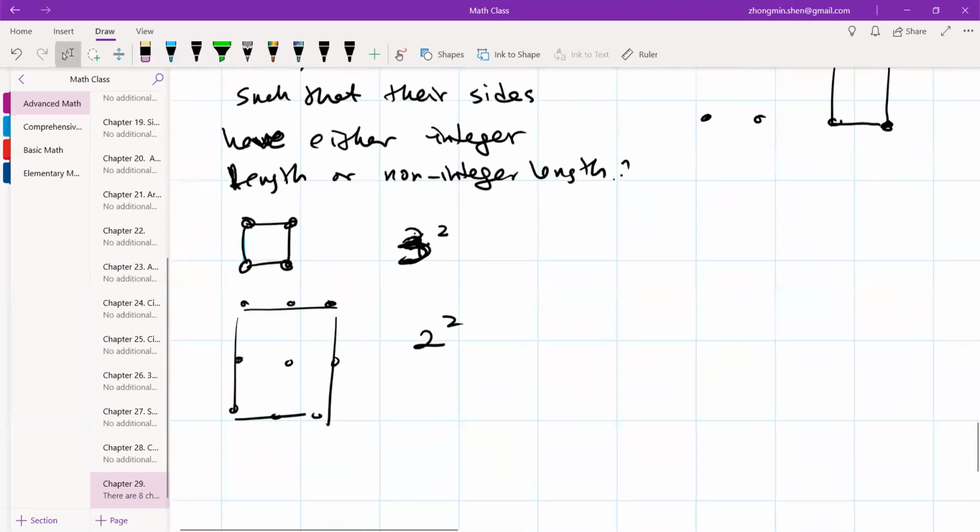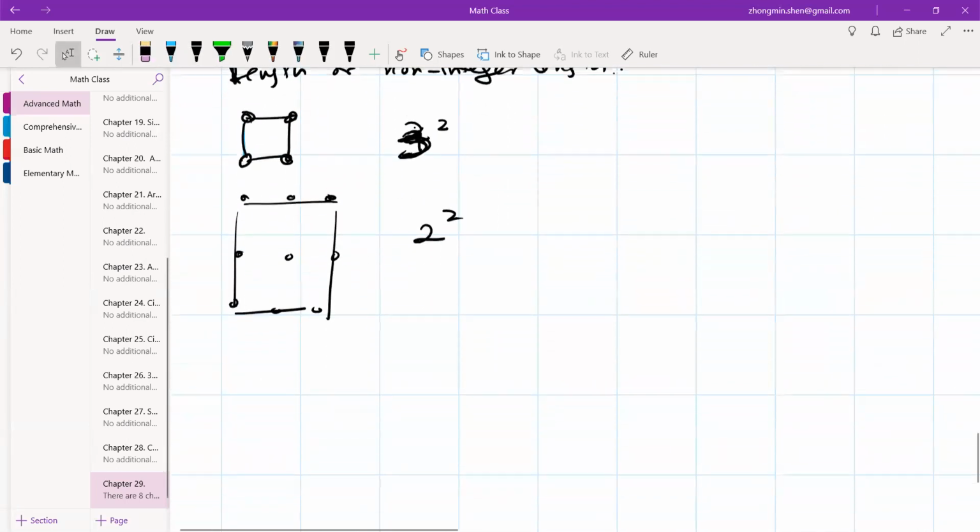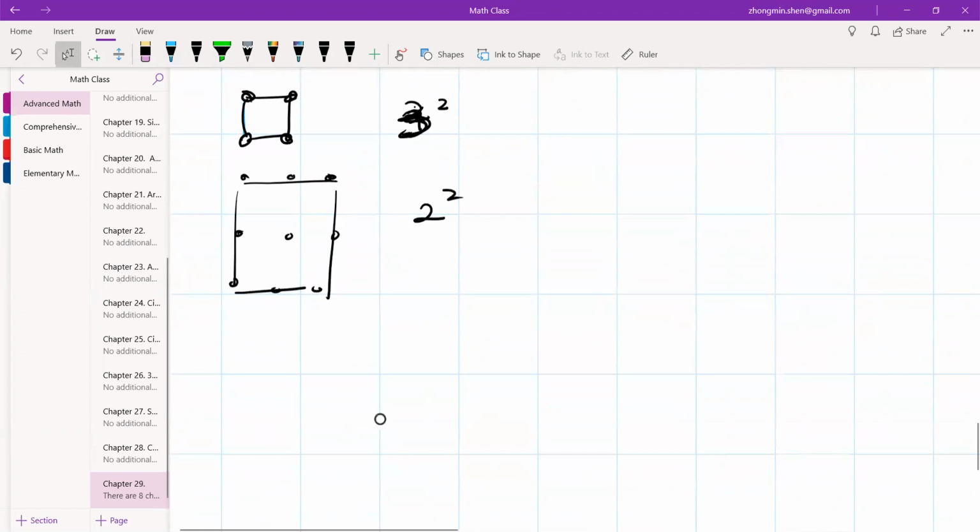So the total will be... the largest one is going to be 1, 2, 3, 4, 1, 2, 3, 4, right? So it's only 1 square. So the total is 1 square plus 2 squares plus 3 squares. But those are only for the horizontal ones.